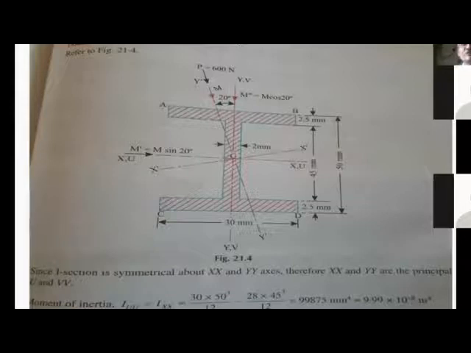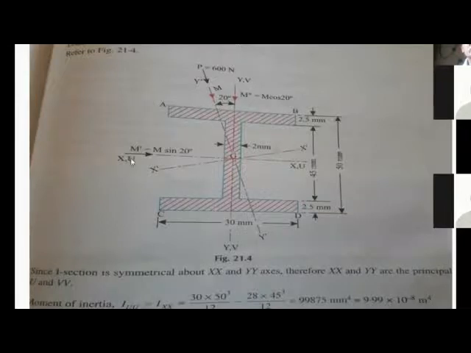Convex means tensile stresses, so to the left you get tensile stresses and to the right compressive stresses. Hope it is clear. So about the YY axis, to the left it is tensile and to the right it is compressive. Now take point A, which is above the UU axis. Above UU is tensile, below UU compressive, right?